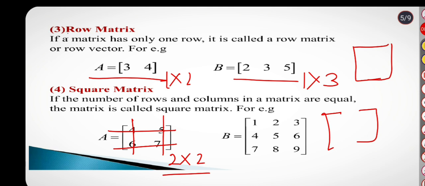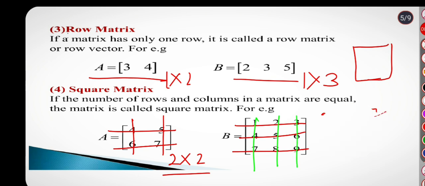In a 3 cross 3 order, there are 3 rows, 1 2 3, and the number of columns is also 1 2 3. So we can say R1, R2, R3 and C1, C2, C3.